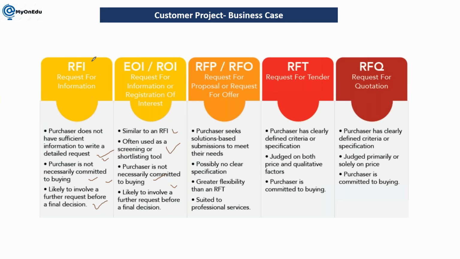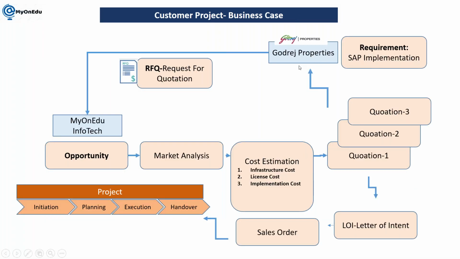But here we are going to focus on RFP or RFQ, request for quotation or request for proposal. In a request for quotation, the purchaser has clearly defined criteria or specification. So in my example, if the customer is already clear about their requirement, what exactly they want to implement, what the modules are, then they can ask for an RFQ, request for quotation.